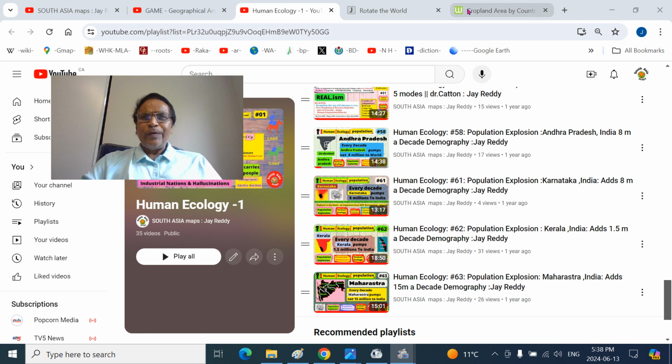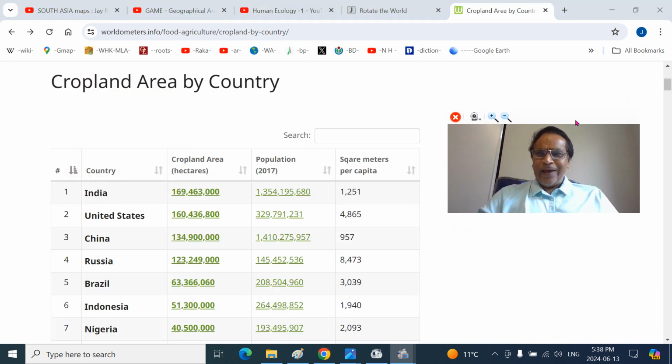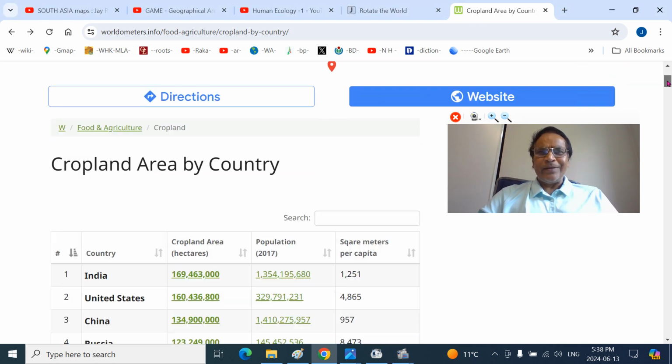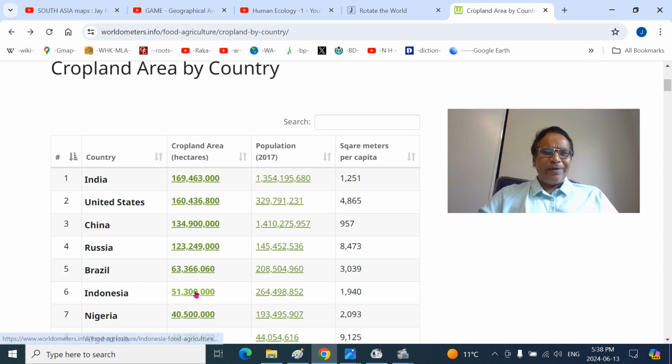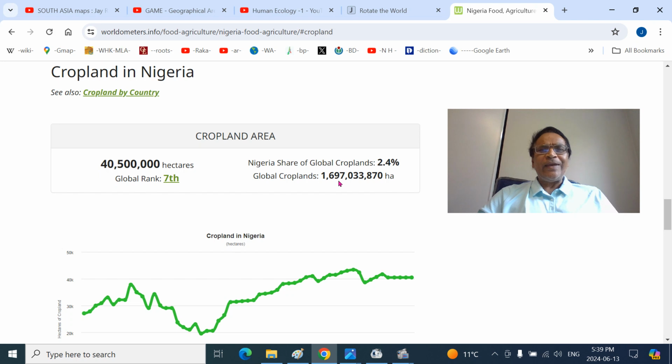So where did I get this figure? You can get it from different sources. I sometimes get different sources, so it will change. Here I got it from Worldometers. That is the site. You can open any country, it does not matter. It will always give how much farmland. So here he has given it. You see global cropland. Remember, this is the million, 6 zeros, million hectares.